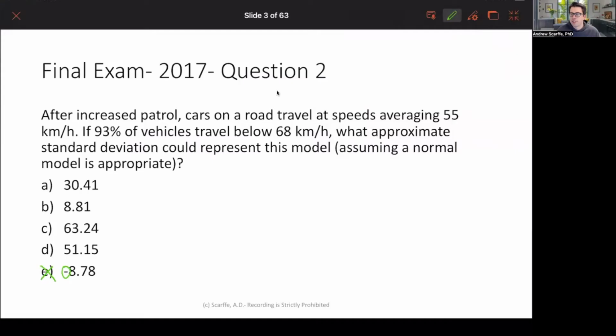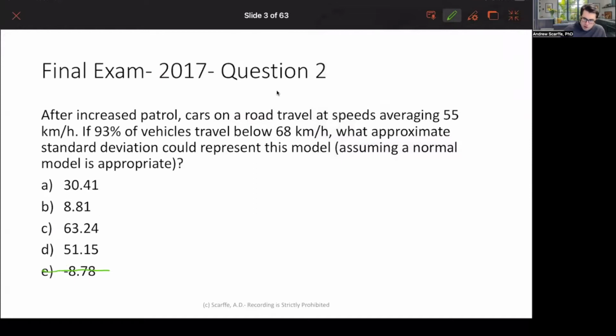Our standard deviation will never be negative. So because of this negative standard deviation, we know we can cross out E. From there, we have to think about this a little bit conceptually.